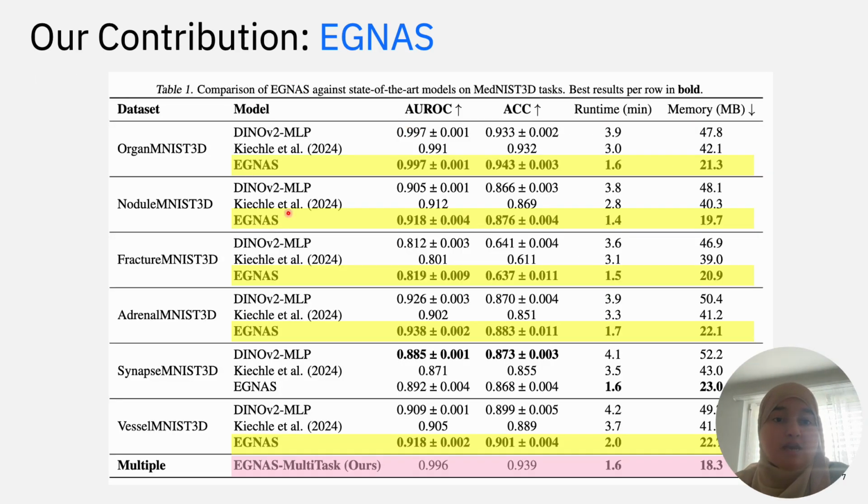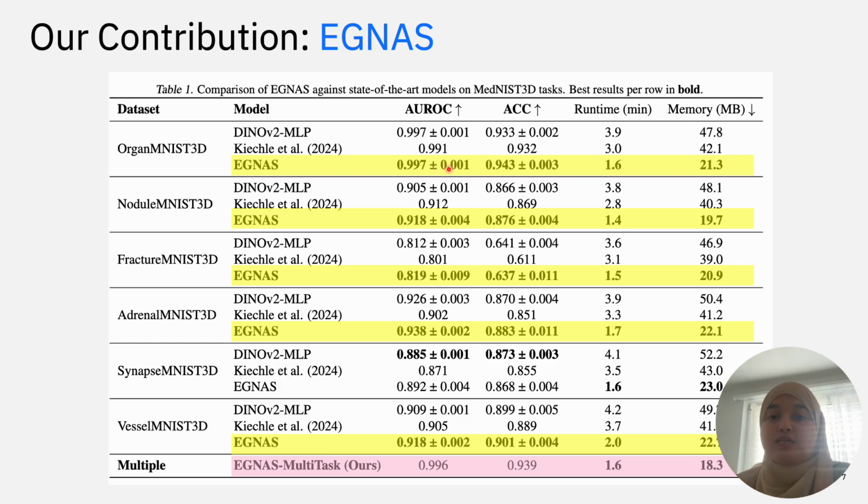As you can see here in the results, we are outperforming different state-of-the-art models in the multitask scenario and even in the single task. You can see, for example, in the single task MedNIST 3D, we can find a model that is way smaller in terms of memory, divided by 2 compared to what we can see in the literature.